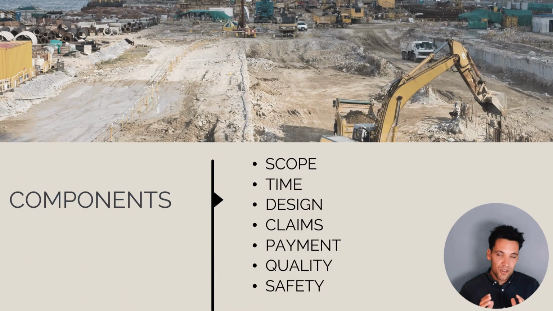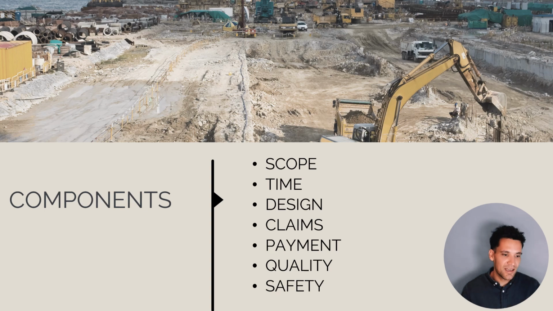When we're administering the contract, there's a couple of different components to this. There's scope, so making sure they do what they said they're going to do, the physical completion of the works. There's time, making sure they're doing the work on time, following and maintaining a program. There's managing any design responsibilities, so that's both coordinating the design that we've completed, issuing them the correct drawings and managing any RFIs they have, but also where the subcontractor has shop drawings or detailed design scope, we're managing their design and checking it's done correctly.